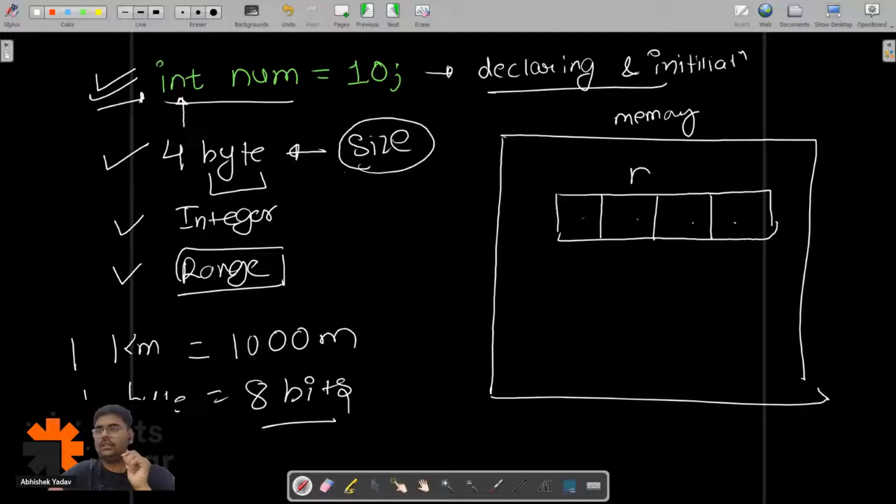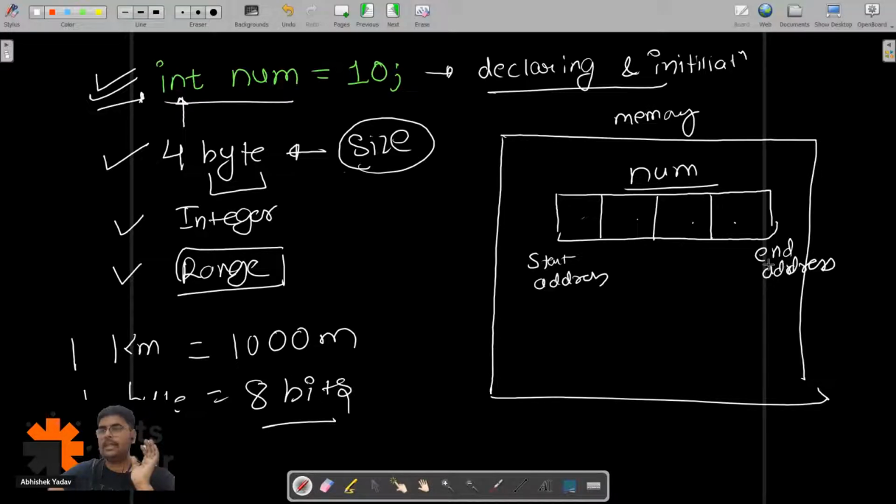After that, the name of this memory block is num, right? And there will be some address assigned to the memory block, that is, you have some starting address and you have some end address.